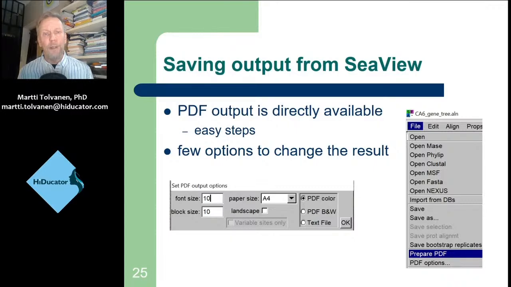If it's a small one, it's fine to have a more readable font. You can choose between color and black and white for PDF, and block size we'll see in the next slide. After you set your options, pressing prepare PDF will create the file.